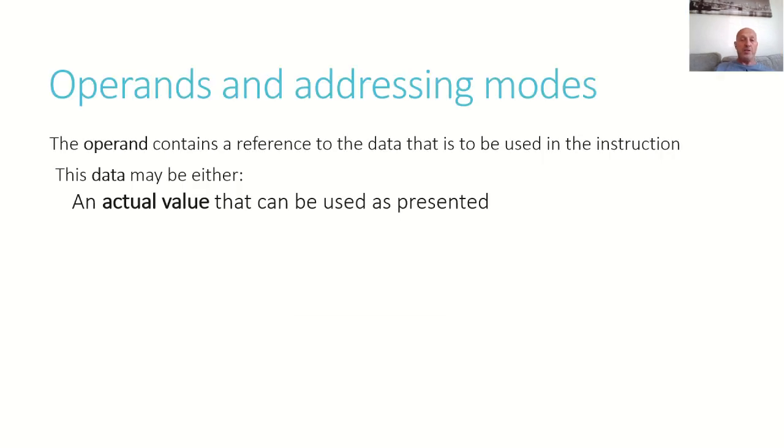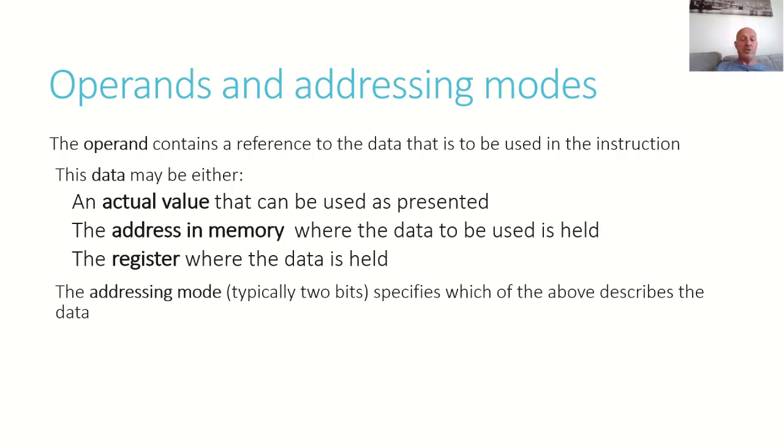So this is basically addressing mode, so we can have an actual value, which is an address in memory, or the register where the data is held. The addressing mode is typically 2 bits. There's only 2 addressing modes that you need to worry about for the exam, and that's direct and immediate.